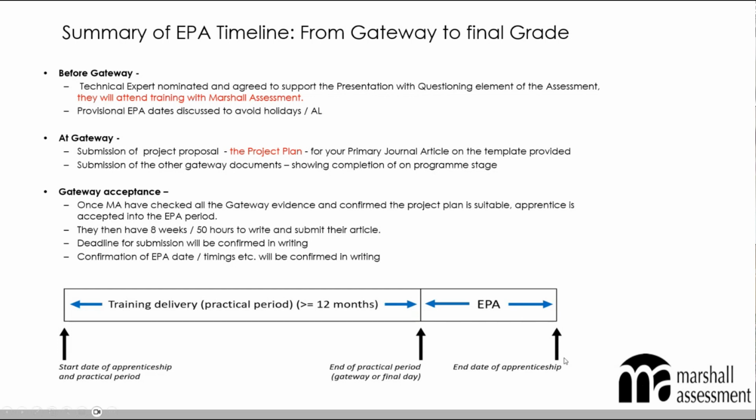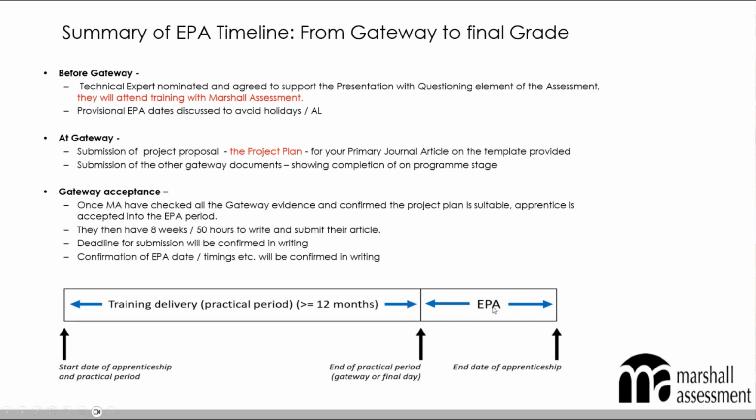Once we're happy with that evidence, we move into the Gateway acceptance period. Then in this EPA period, the learner has a maximum of 8 weeks to submit their article. That's the 3,000 word primary research journal article.